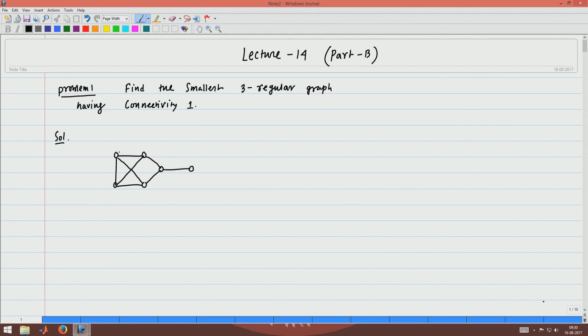Now, you can see that all these vertices have degree 3 and this side also we just replicate the same subgraph here.